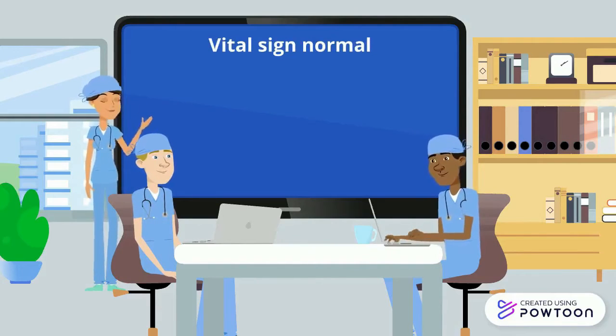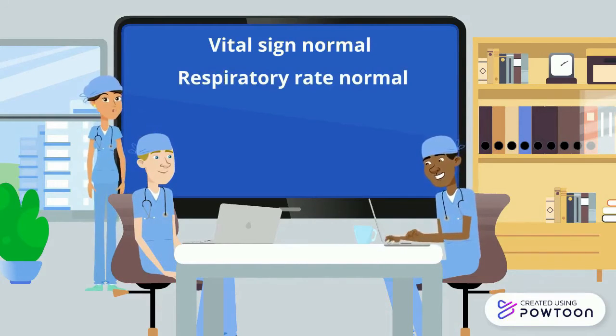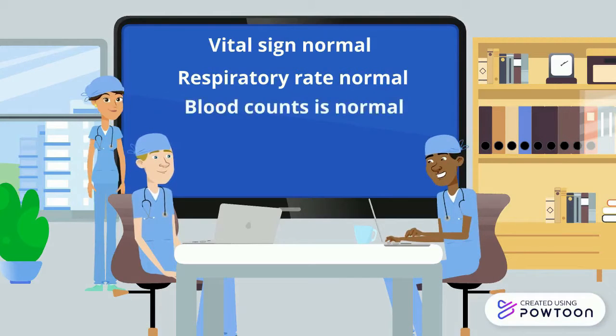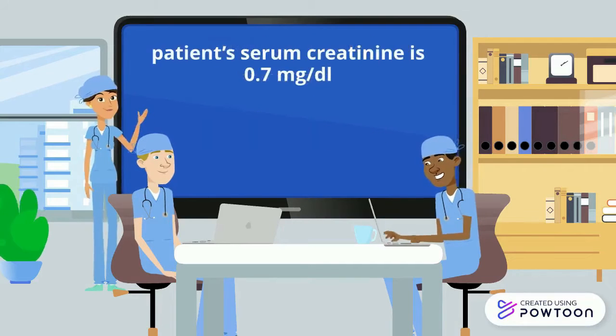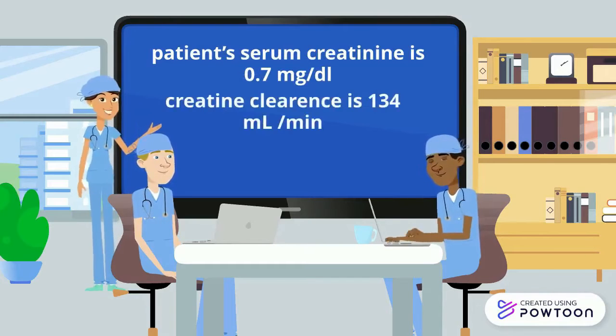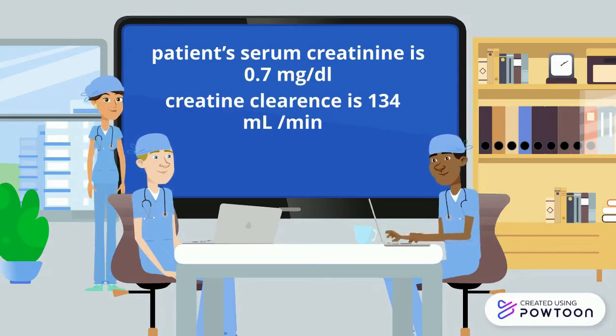Same goes for the respiratory rate. And regarding the patient's laboratory findings, it was found that the patient's blood counts are normal, along with a normal renal profile in which patient serum creatinine is 0.7 mg per deciliter and his creatinine clearance is 134 ml per minute.